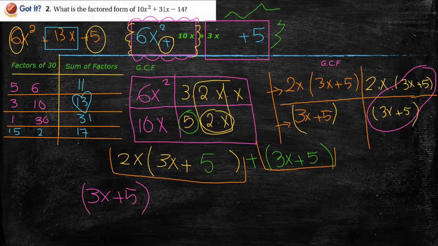Right? 3x plus 5 here. Then come back to the factors, the monomials here. If you remove 3x plus 5, what will remain? 2x. 2x plus 1. And if you remove the 3x plus 5 here, what will you have? 1. Where is the one, teacher?